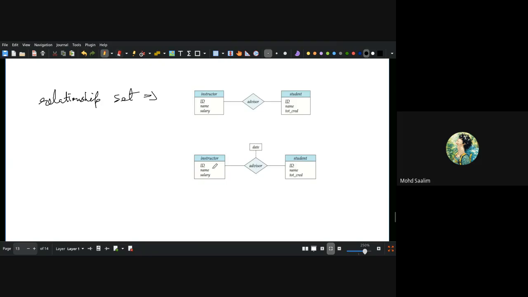Relationship must have the primary key of both the sides, so we don't have to say that explicitly by using the dotted line or anything. But if you are determining a custom attribute, just like this date or some other attributes, then you need to show that in your diagram using this dotted line. Okay. So why is it a dotted line actually? Why not non-dotted? Just a choice of a diagram.